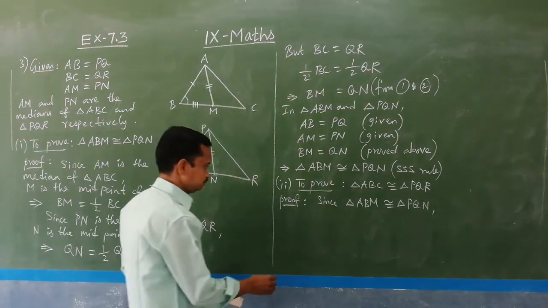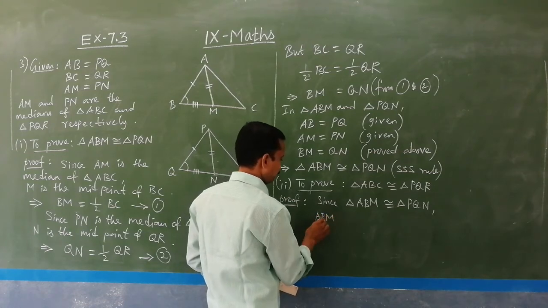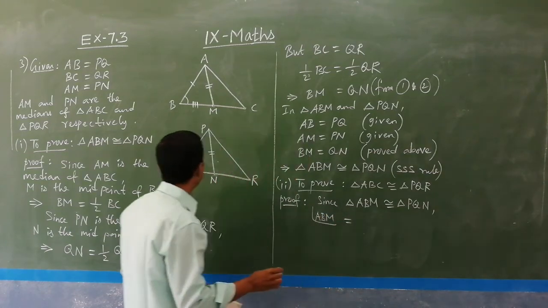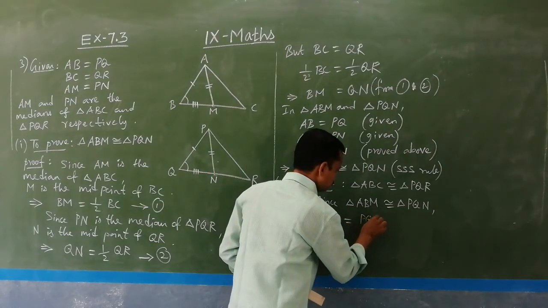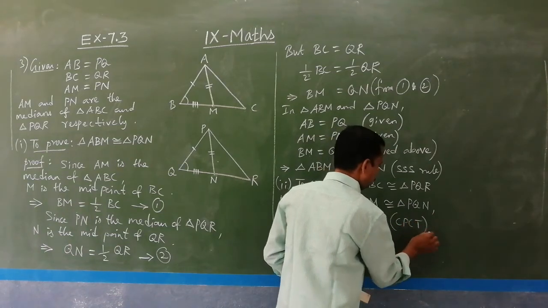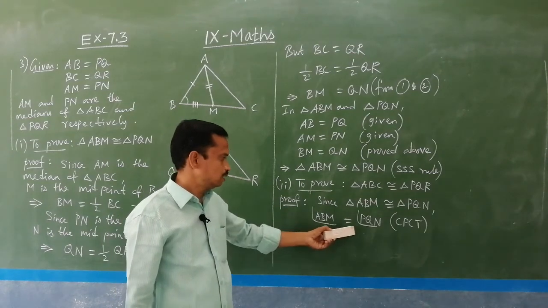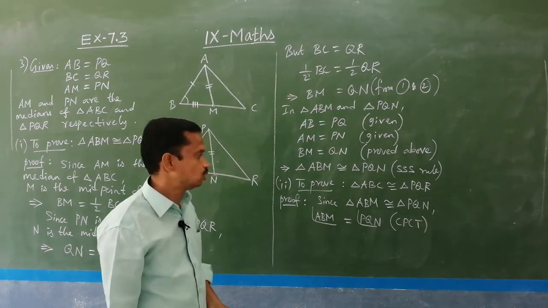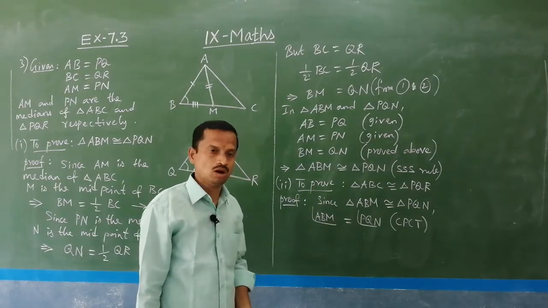Angle ABM is equal to angle PQN. This is by CPCT, that you know, isn't it? By CPCT we can say angle ABM and angle PQN are equal, because we have proved above that these two triangles are congruent.